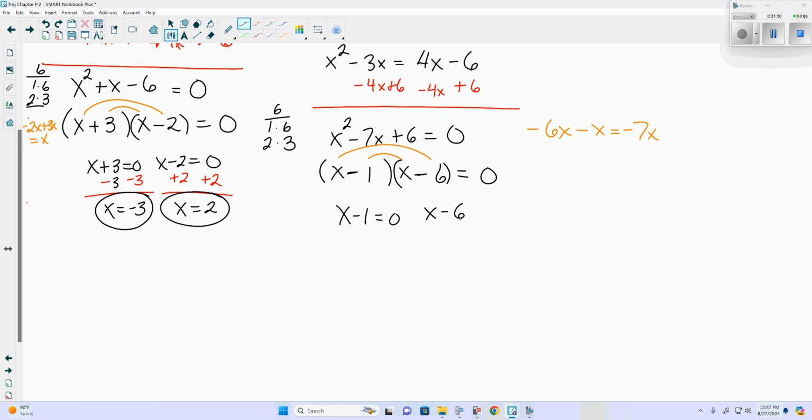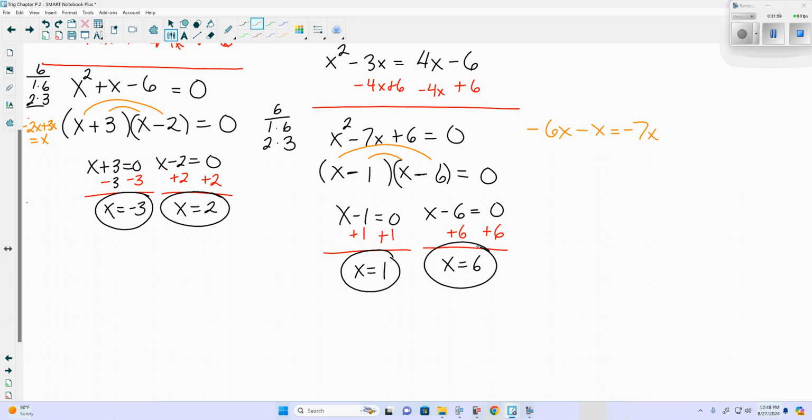Now, just like the other one, since we have two or more things multiplied together to equal 0, one of them must be 0. So either x minus 1 is 0 or x minus 6. And lastly, in solving for x, we would add 1 to both sides, telling us x is equal to 1. Here we would add 6 to both sides, telling us x is equal to 6.